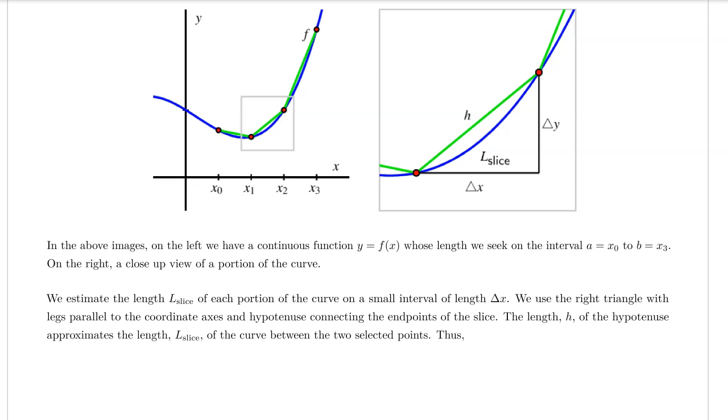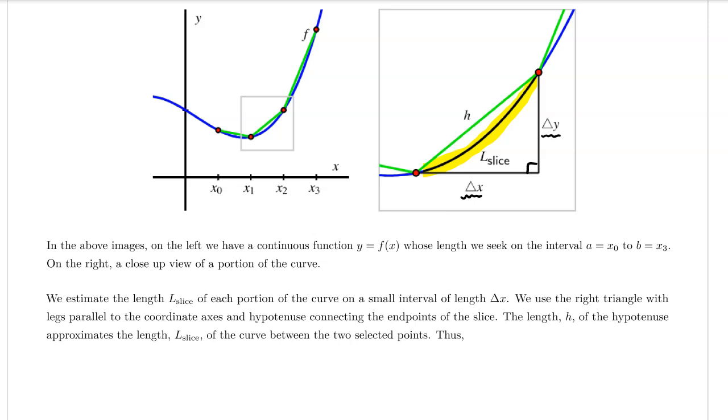So here we're trying to find this arc length here, and we're going to approximate it by finding the length of the hypotenuse of this small right triangle that we create, where it has dimensions delta x and delta y.